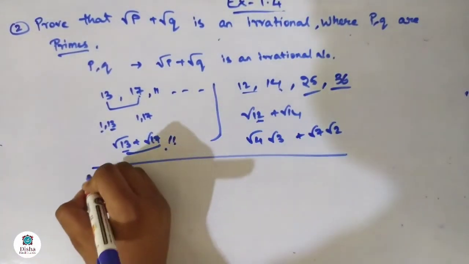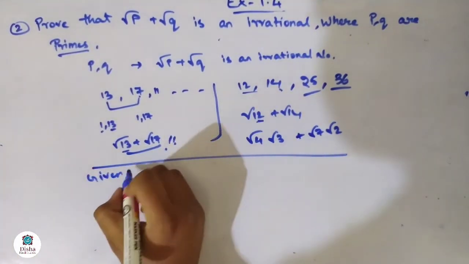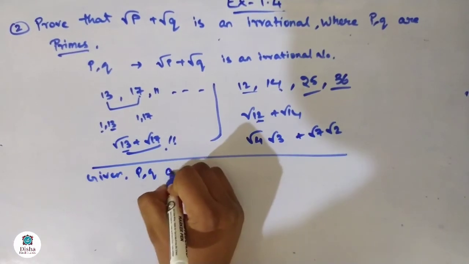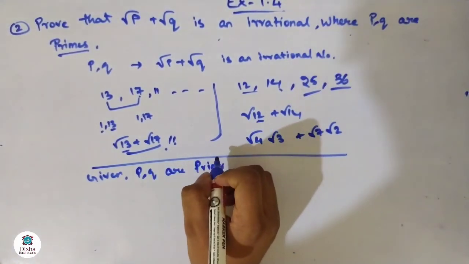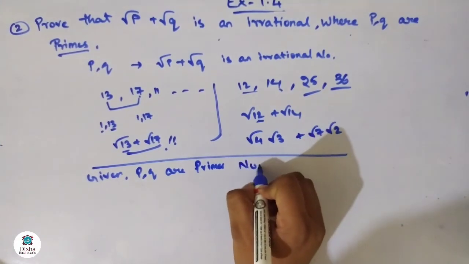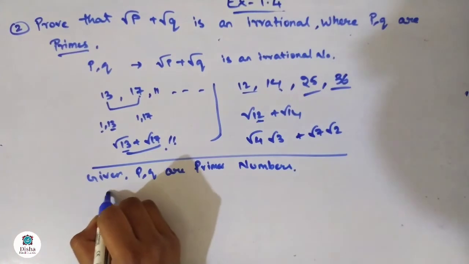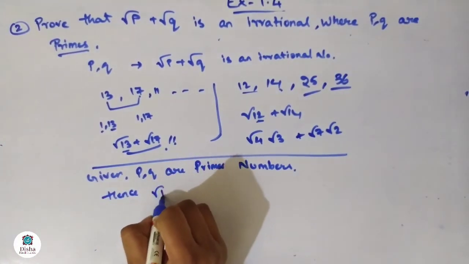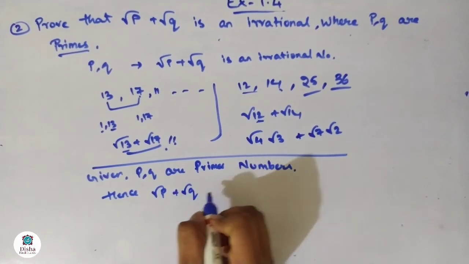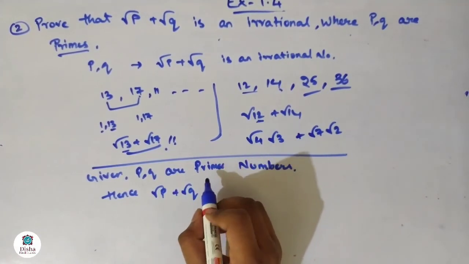So we can say that given p comma q are prime numbers, root p plus root q will be an irrational number.